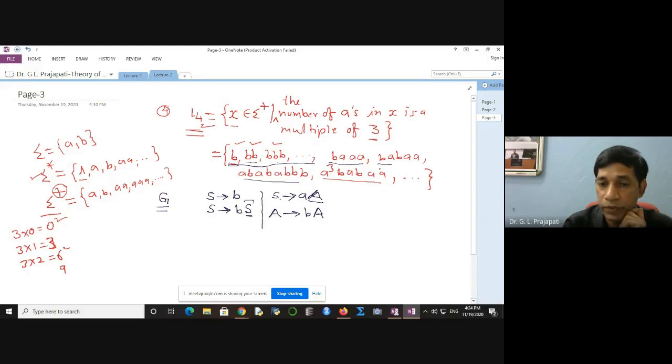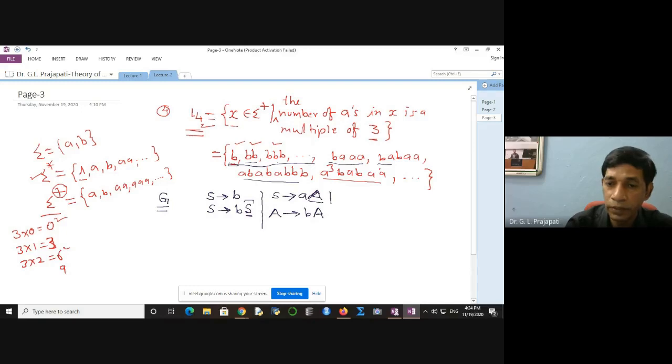So if S starts with a, then this is a different problem, and for denoting the different problem you have used different non-terminals other than S. So this is the A. Now you need to find out what kind of replacement should be there for A. So A derives bA, it starts with b, then again the problem remains the same.